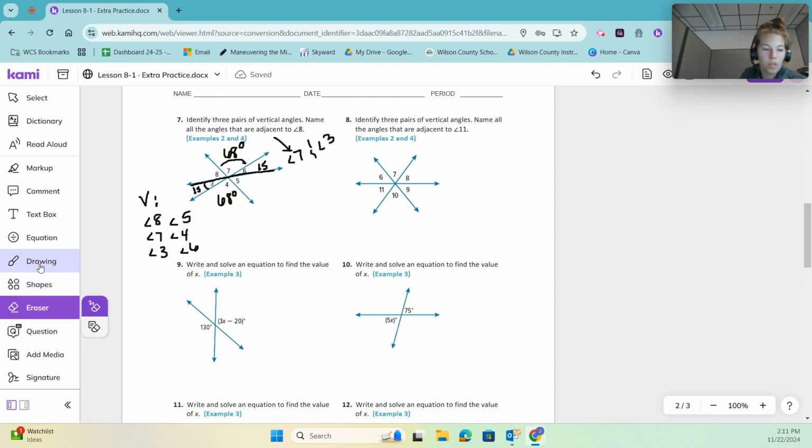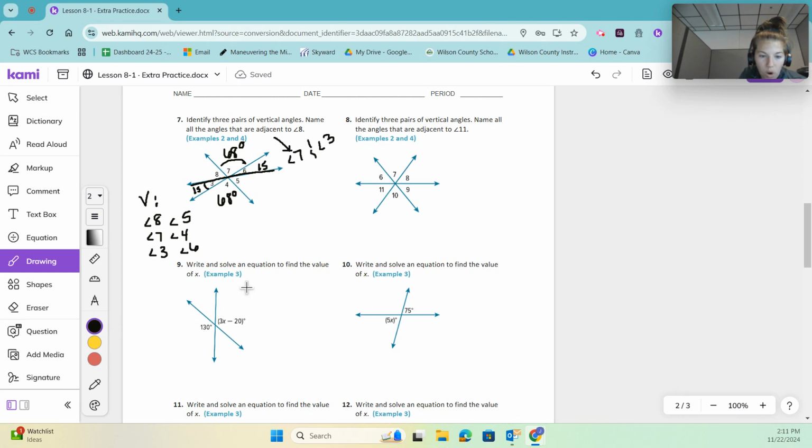So when we are solving for something like down here in number 9, that means 130 is equal to 3x minus 20, because this 3x minus 20 and 130 are vertical angles. They're directly across from each other through that vertex, and they are exactly equal, so we can write an equation that represents that.